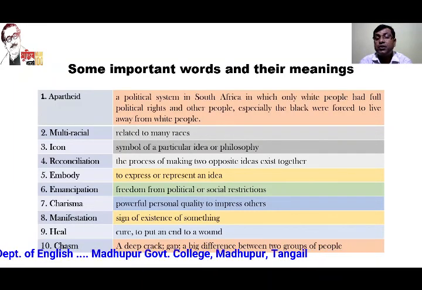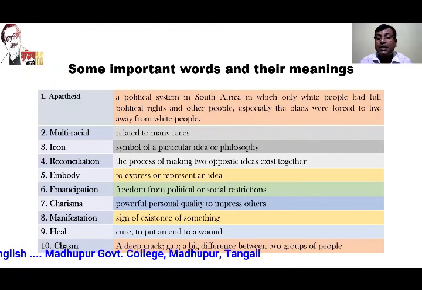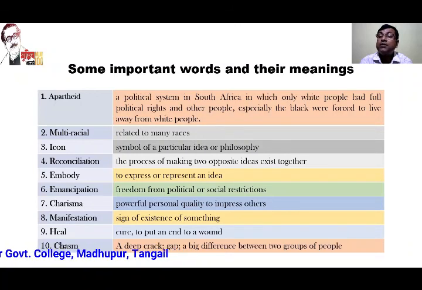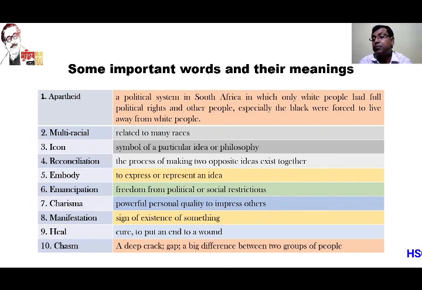What is manifestation? It means sign of existence of something. Heal. What is heal? Heal means to cure, to put an end to a wound. And last of all, chasm. Chasm means a deep crack, a gap, a big difference between two groups of people.